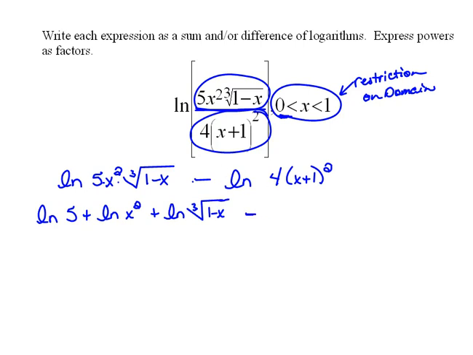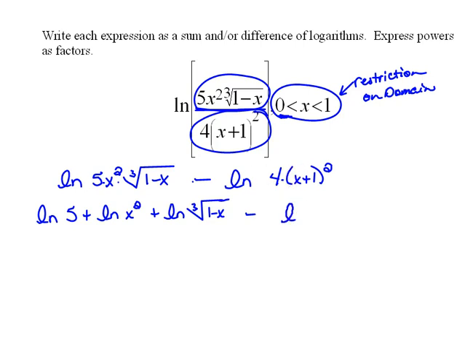Then we have minus. Now here we have the natural log of 4 times x plus 1 squared. Again, did you hear me say times? Logs that are put together with multiplication, again, can be separated out using addition. So I could make this into two separate logs.